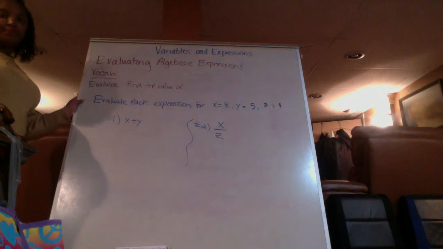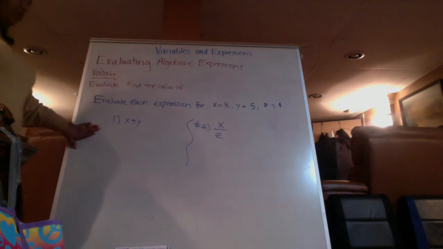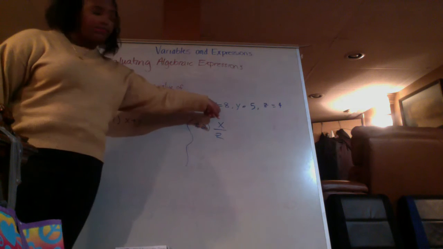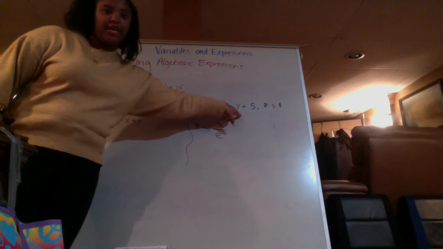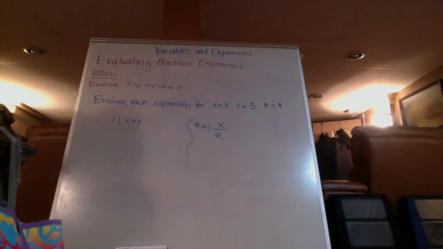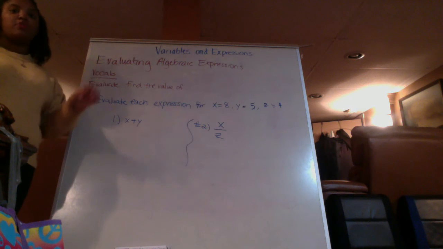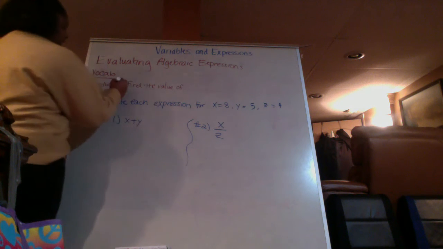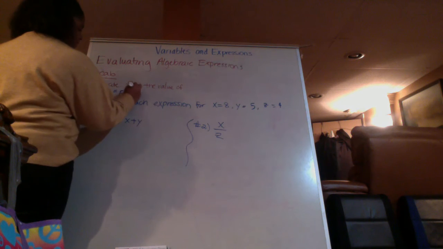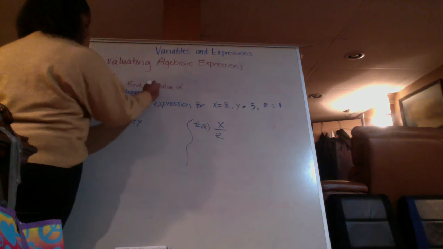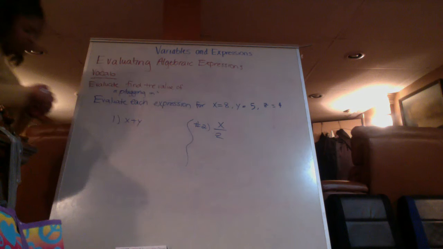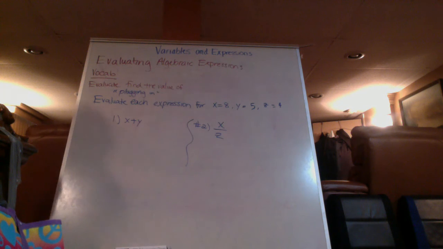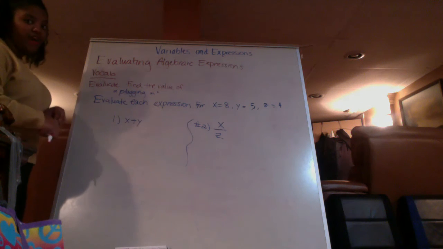So, for example, it says, evaluate each expression for x equals 8, y equals 5, and z equals 4. And they give you some expressions. So number 1 is x plus y. Remember, we're evaluating, which means we're finding the value for. And I say this a lot: basically, this just means that we are plugging in. And when I say that, I literally just mean that. They already told us what these values are.